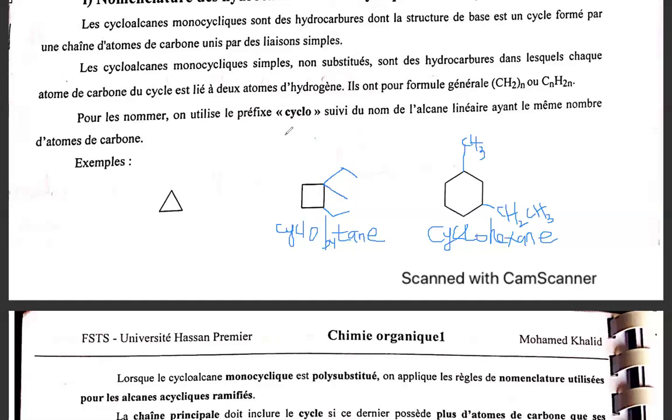So it will be at position 1, comma, at position 2, you have a diethyl, and another one, that is 1-methyl cyclobutane.